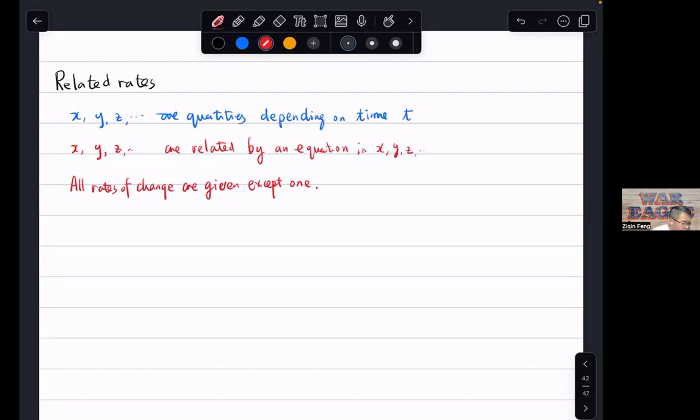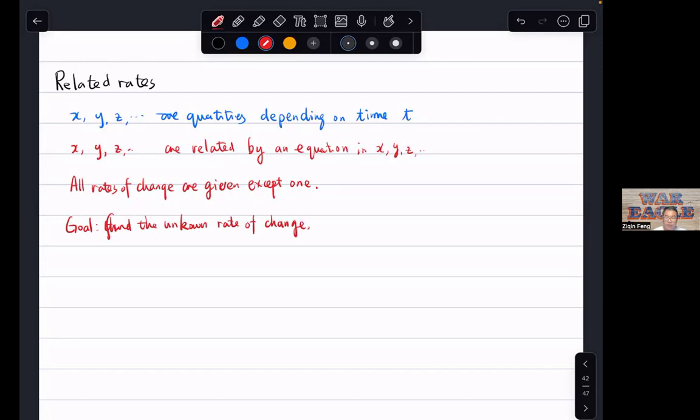So our goal here is to find the unknown rate of change. Normally, there is only one unknown. All the others are given.